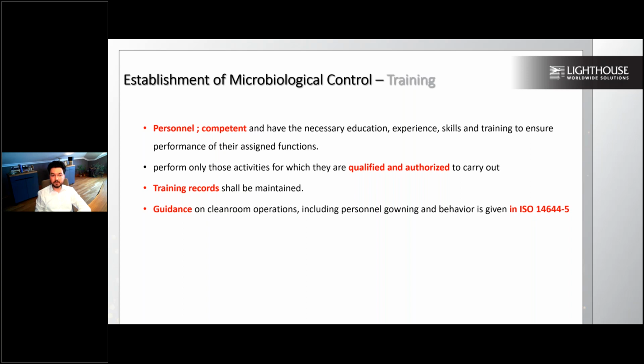They should have a good understanding of what microbiology is, what growth is, and what the reflection is in terms of action or alert levels. If you need further guidance, this EN norm addresses it in ISO 14644-5, which is related to personnel gowning and behavior. For additional guidance, you can refer to these ISO standards.